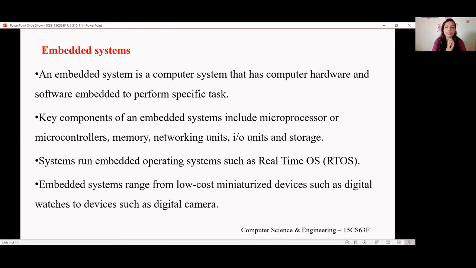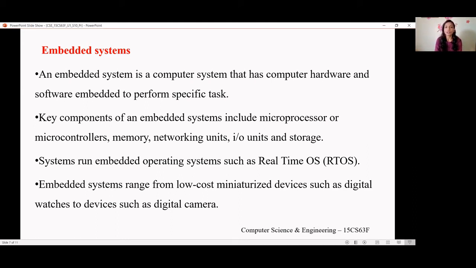Next comes embedded system. So what is this embedded system? It is a computer system that has computer hardware and software to perform a specific task. It is like IoT, but in IoT, hardware will be less and software will be more, whereas in an embedded system, computer hardware will be very much and software will be just a small part of it.